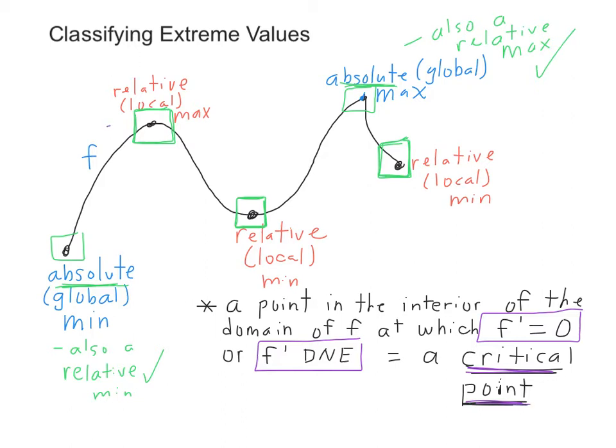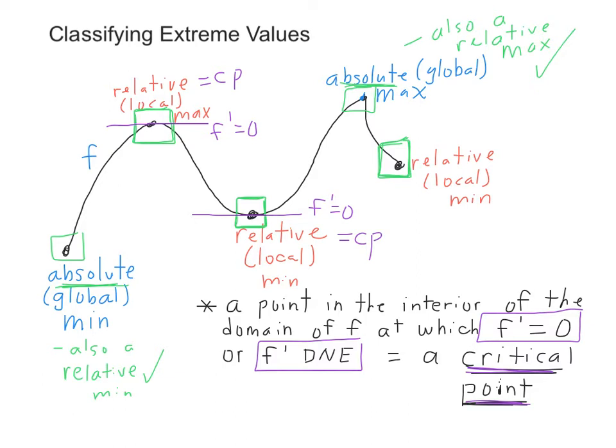So notice up here we have a situation where our derivative is equal to 0 because we have a horizontal tangent line. Same thing down here, our derivative is equal to 0. Okay, so these are both critical points, right? I'll abbreviate CP for that.